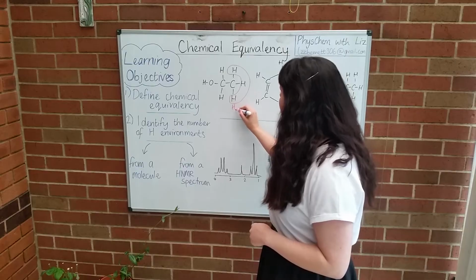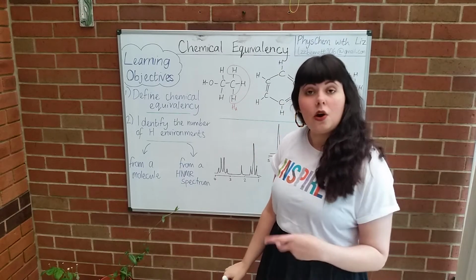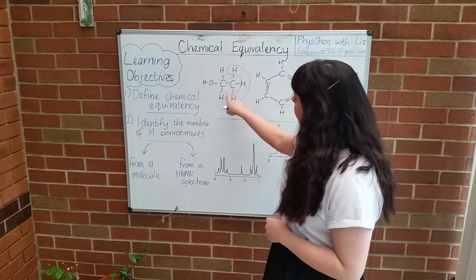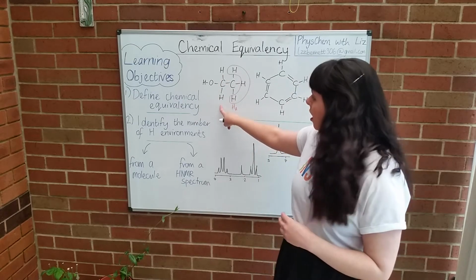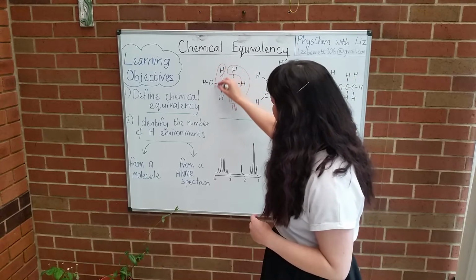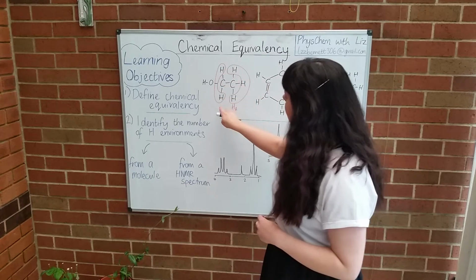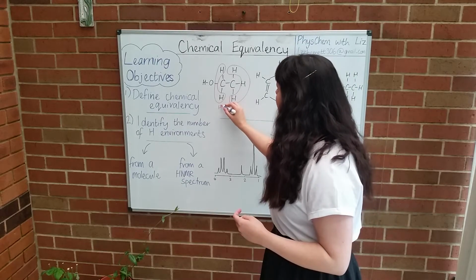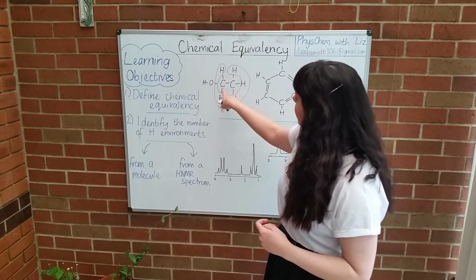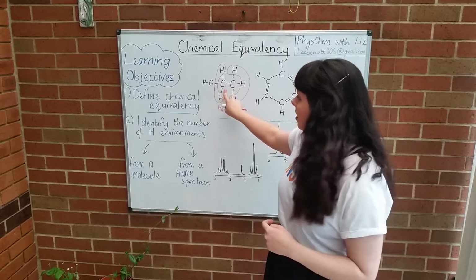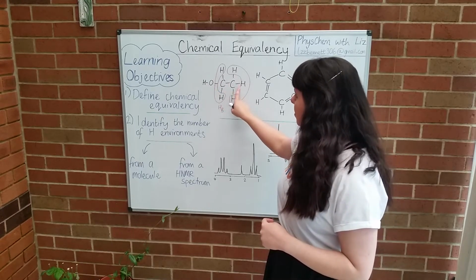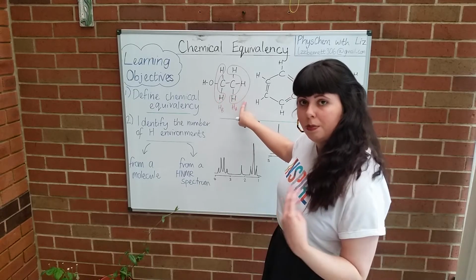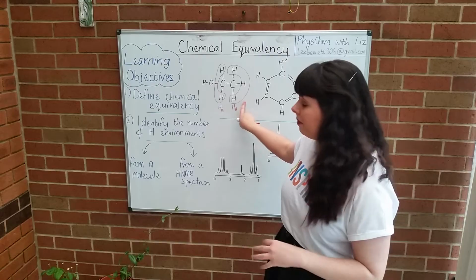So let's call it HA or H1. Then over here, we've got two protons bonded to this carbon. And these are equivalent to each other. That's another proton environment. Let's call it HB. Because they're both connected to this carbon and they both have the same neighbours. But can you see that these are different to each other because they have different neighbours?